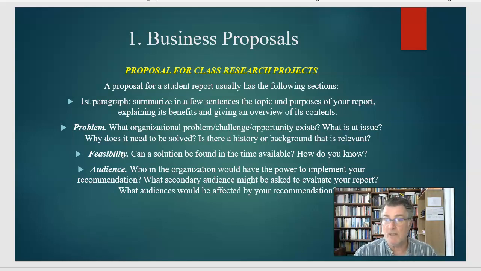Okay, so you want to present the problem, and what organizational problem, challenge, whatever it exists, what is its issue, what needs to be solved, and why. Is there a background to this problem? Has it been something chronic for the last 6 months or a year, or this is a unique situation? Let's say, for example, a year and a half ago, or more or less, that we had the pandemic.